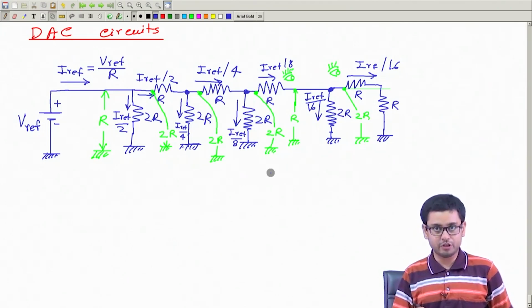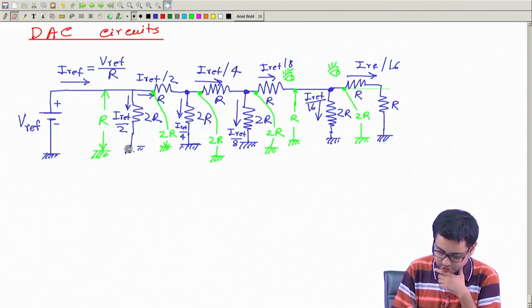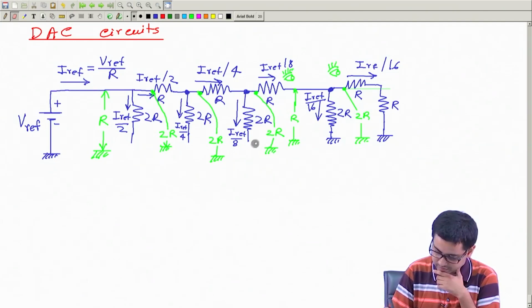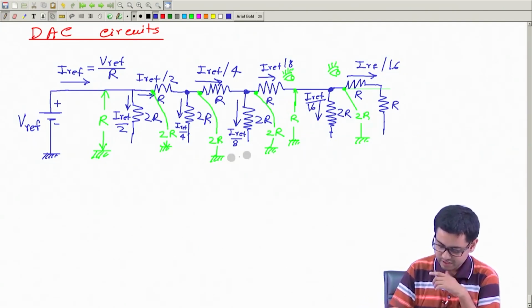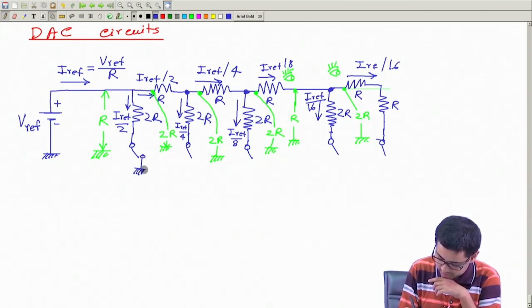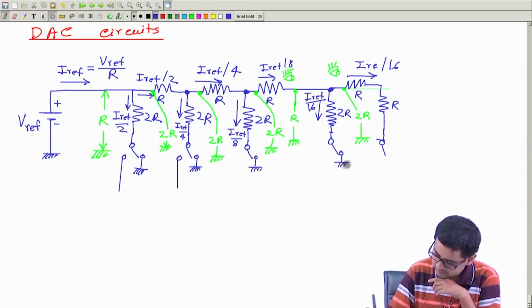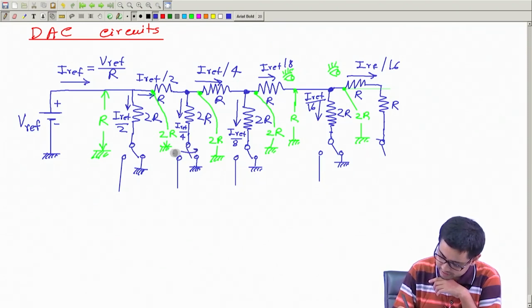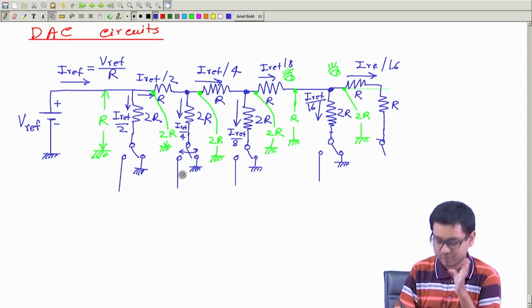Now, the next thing that I will do is this. Instead of connecting this to ground, if I keep a switch here, which can be connected to either ground or something else, which I haven't drawn yet.